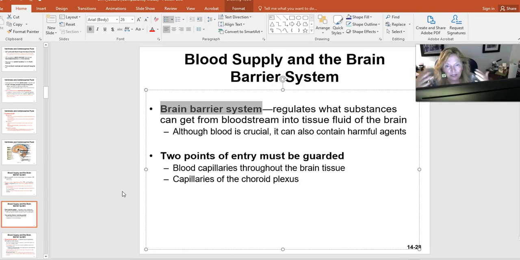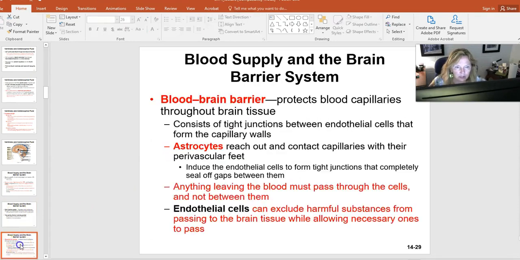Some of the nutrients can as well, but it is going to make it selectively permeable to what can actually come in. We don't want there to be an open highway between your blood and your tissues, which essentially it kind of is in your extremities and the visceral organs of your body, but not so much the brain, because it does need that protection.